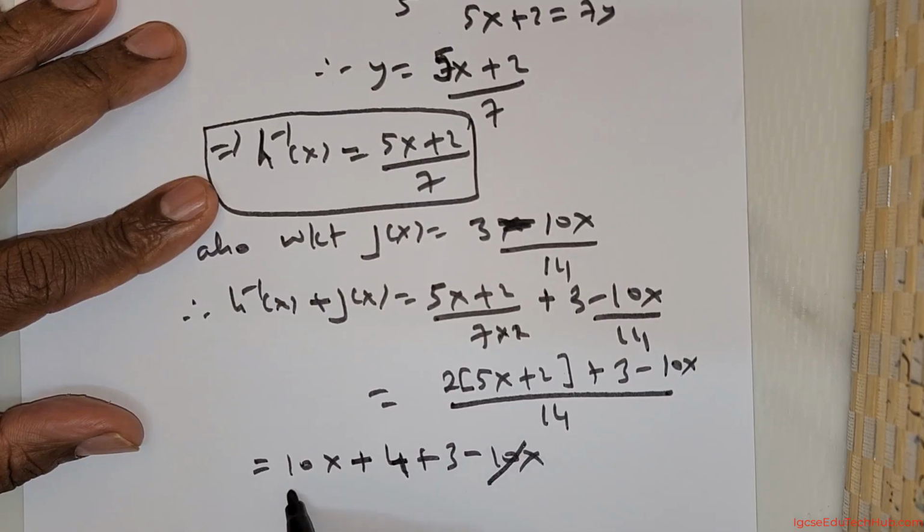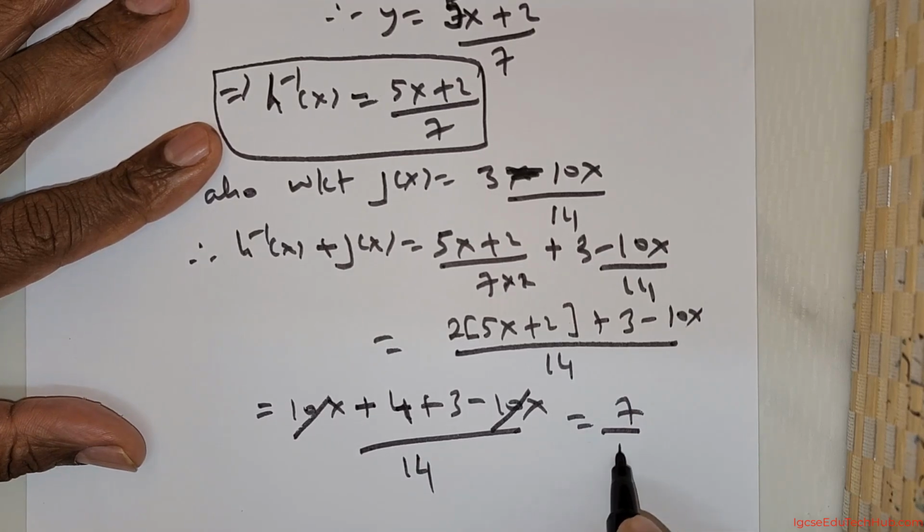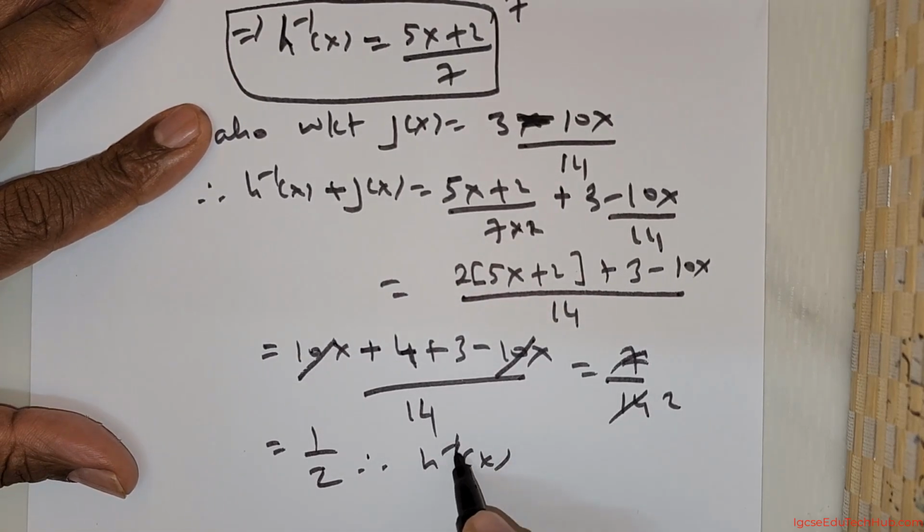Negative 10x and positive 10x get cancelled, giving you 7 over 14. 7 divides 14 two times, which is equal to 1 over 2. So therefore h inverse of x plus j of x is equal to 1 over 2.